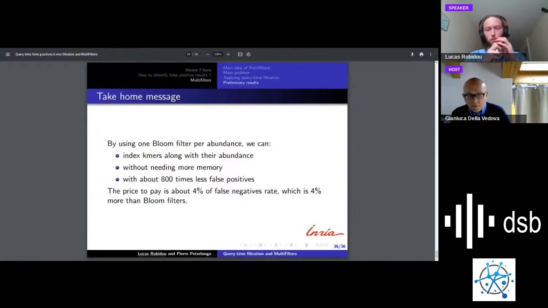Bloom filters have been implemented in the de novo genome assembly tool ABySS version 2, for example. Could multi-filter be an improvement to reduce false positives?